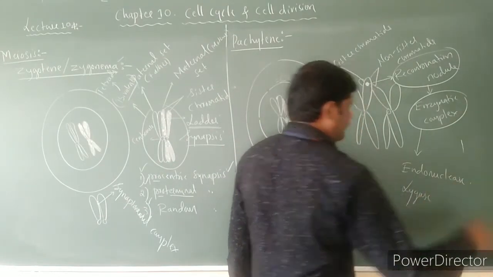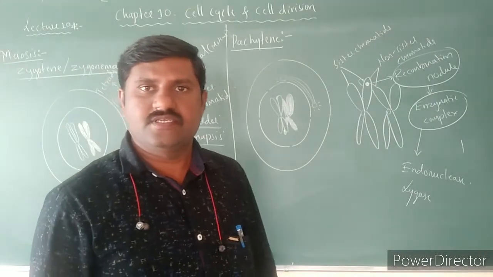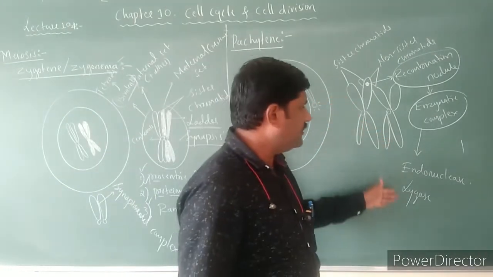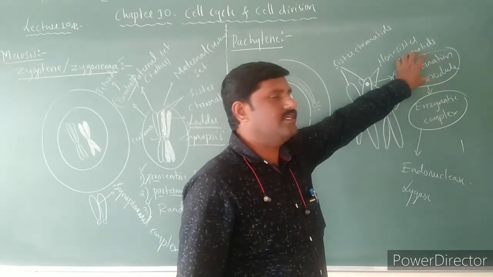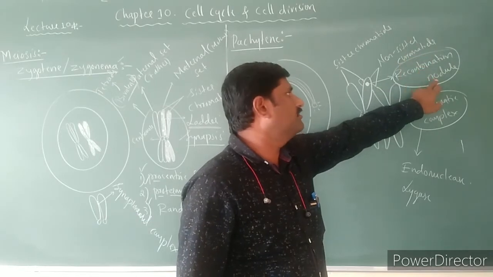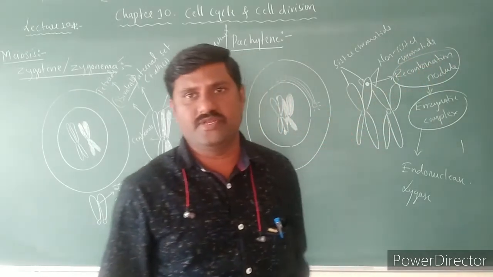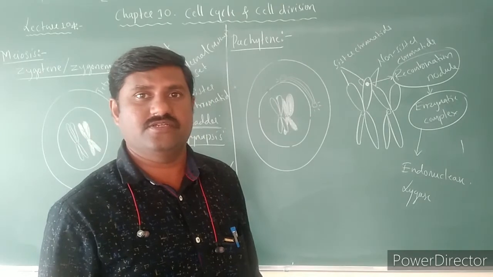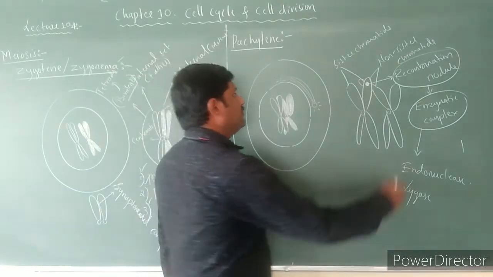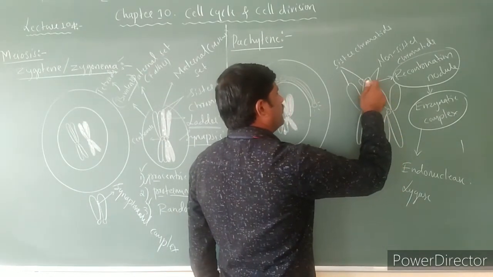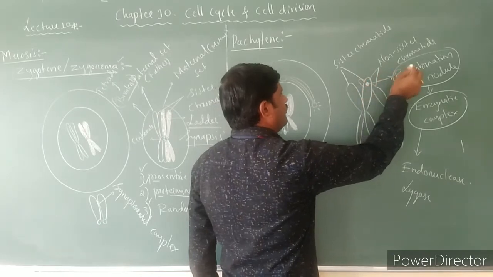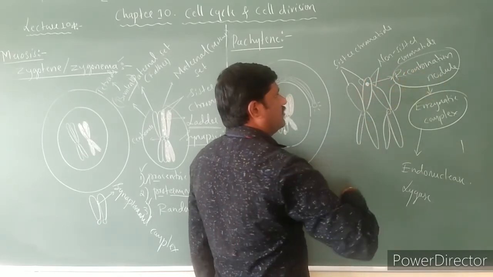Ligase is another enzyme there. Like this, different types of enzymes are present in the recombination nodule itself. When these two non-sister chromatids overlap on each other, the recombination nodule is formed.